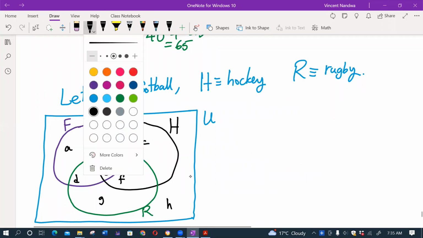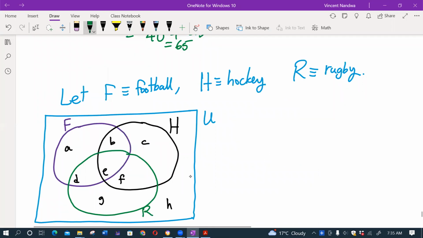Clearly, the value of H is 0, so none of the students plays none of the 3 games. So A plus B plus C plus D plus E plus F plus G should give us 35. Let's call it equation 1.